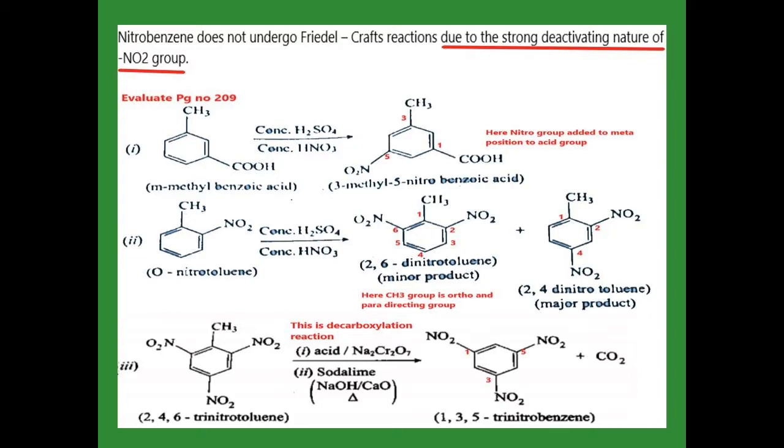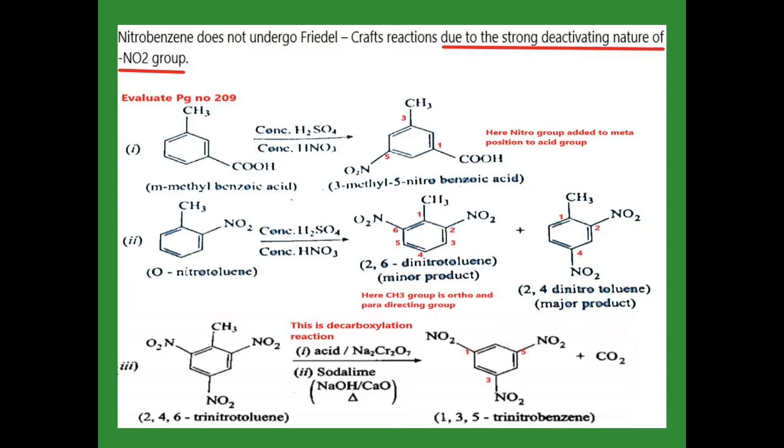Here the methyl is an ortho and para directing group. Which one is the incoming group? The nitro is the incoming group. The nitro group is added at the ortho position and also at the para position. The para product is the major product. Why is it not the ortho position?